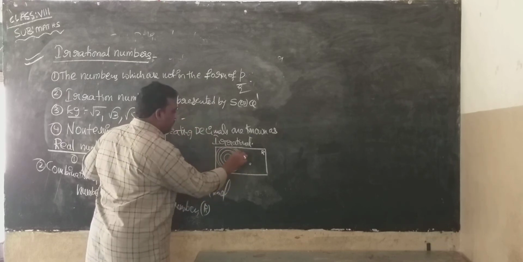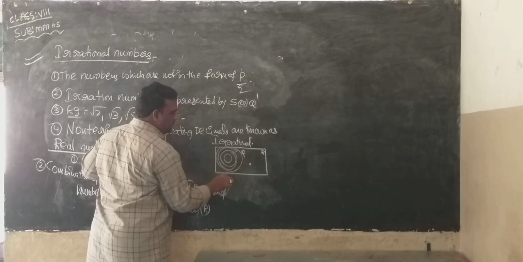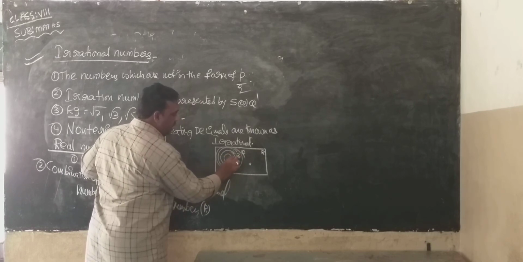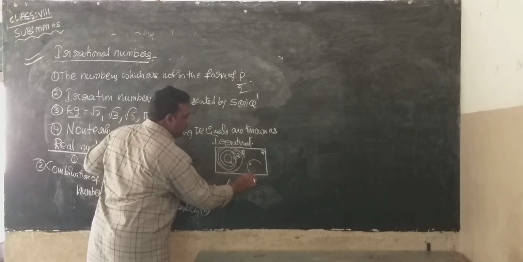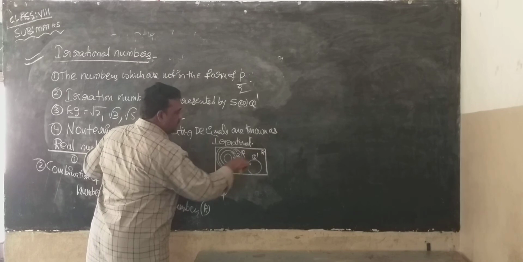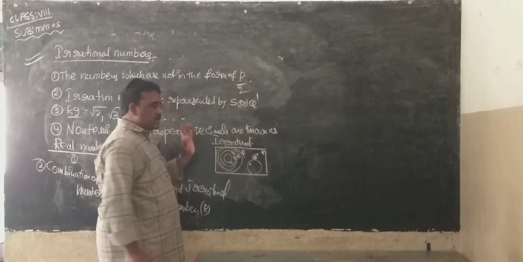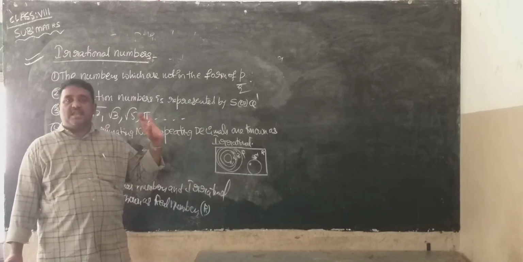First circle, rational numbers. Second circle, integers. Third circle, whole numbers. Fourth circle, natural numbers. A separate circle, Q dash or S. So the total diagram represents real numbers.